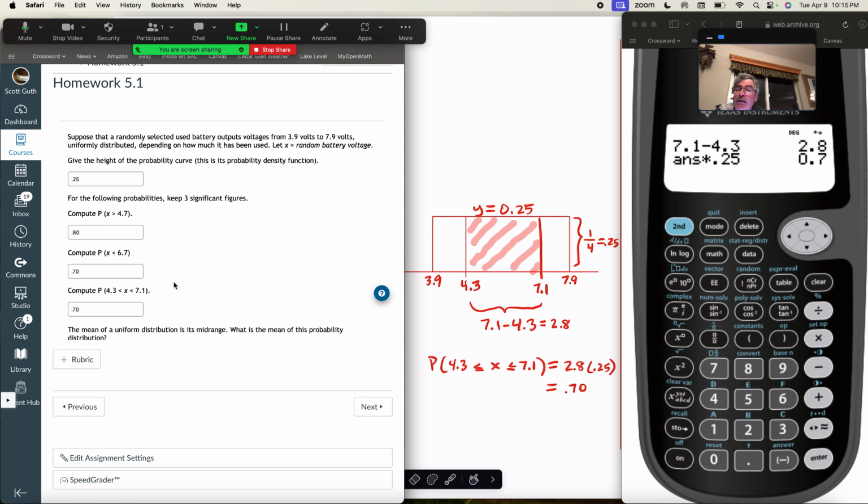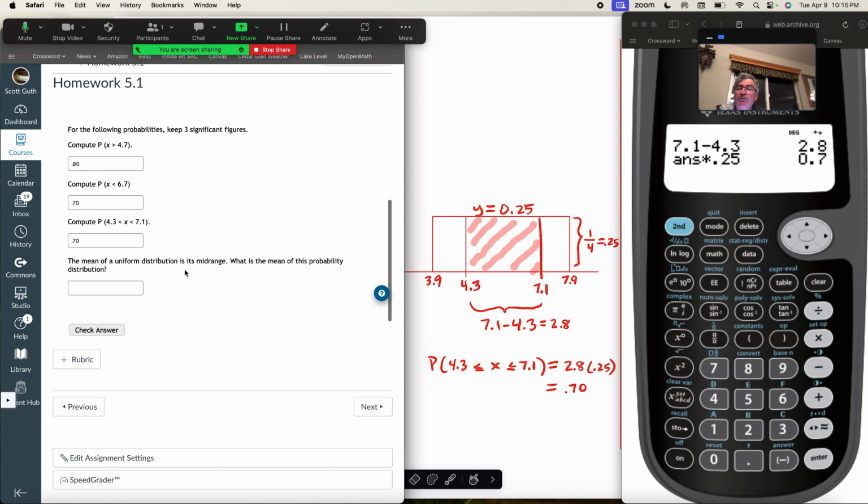Okay, and then it just says the mean of a uniform distribution is the mid-range. What is the mean of this one? Okay, so I guess they're just asking us to remember the formula for the mid-range. So let me clean this up a little bit.